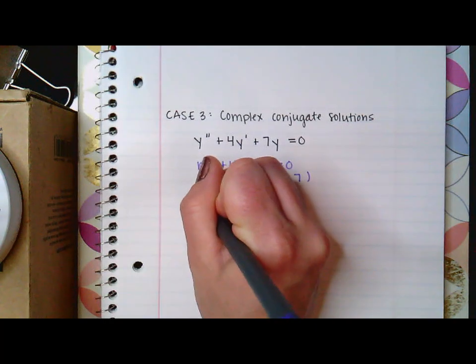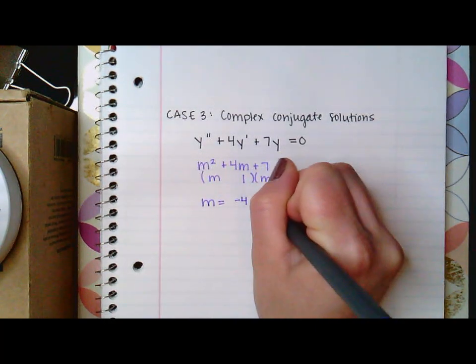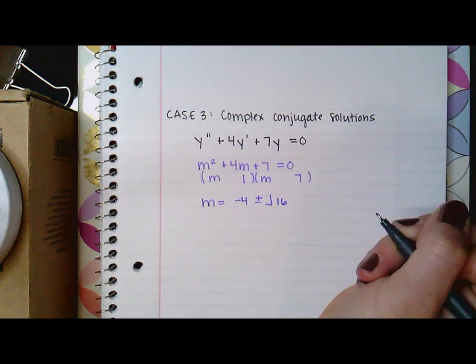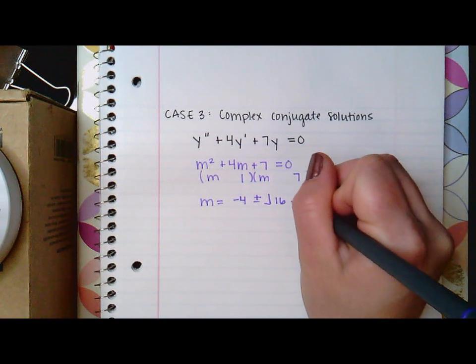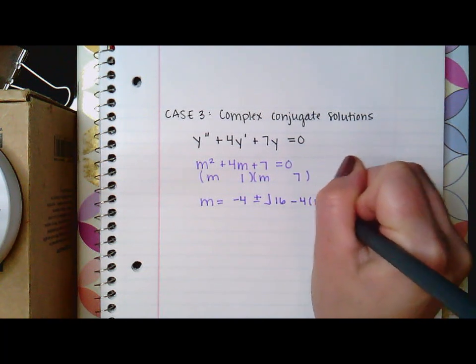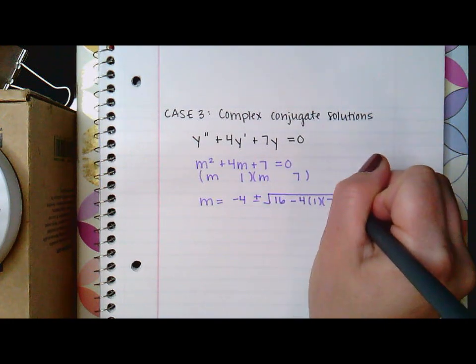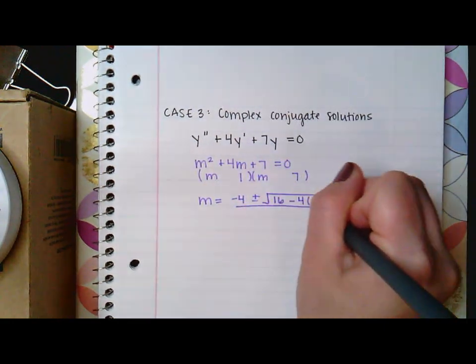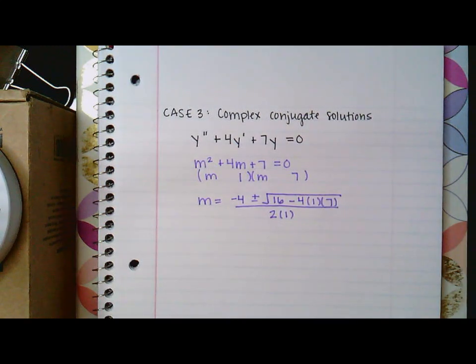So I'm going to use the quadratic formula to find this. So negative b plus or minus square root b squared minus 4ac all over 2a.